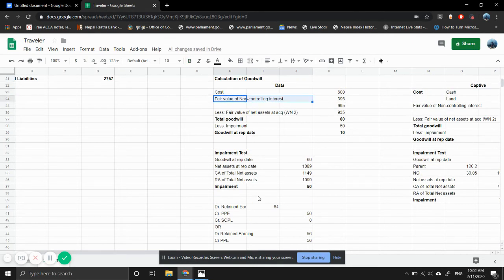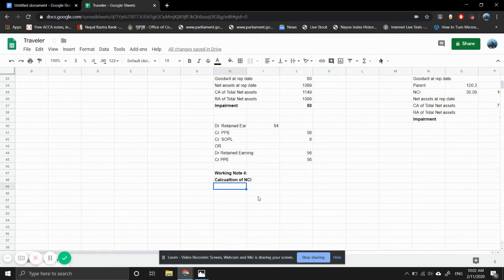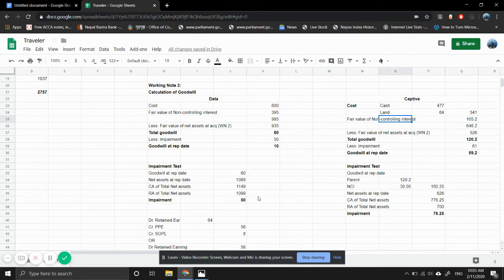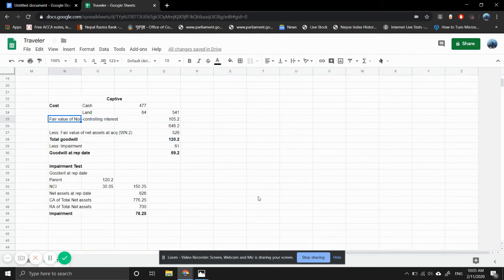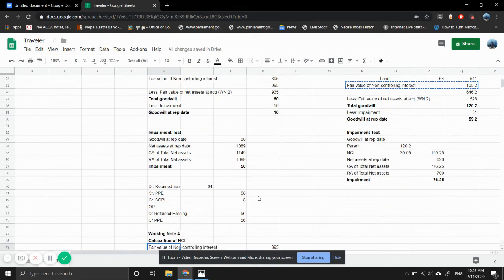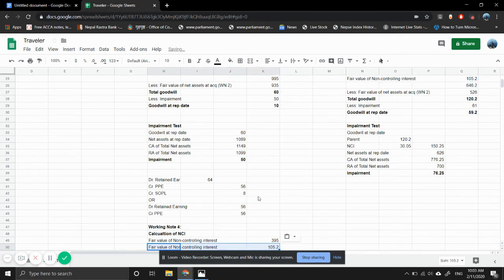So this will be this, and then the next fair value of NCI will be this, because this is also NCI, even though the holding percentage is only 20% in this, but still it will be considered as NCI.